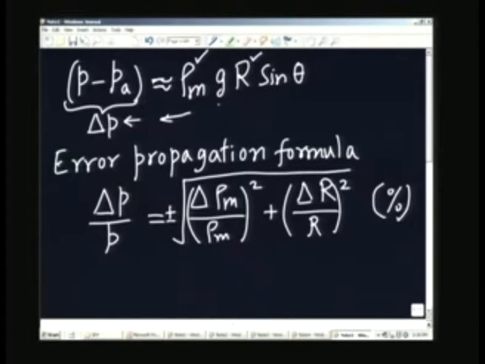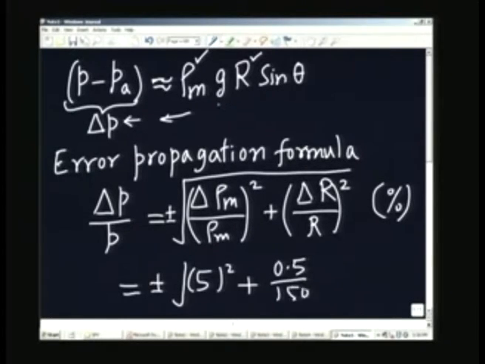So, we will mention that it can be all in percentages. Both the left hand side as well as the right hand side will be in percentages, and all I have to do is, this is 5%, 5.0 whole squared, plus delta r by r is 0.5 millimeters divided by 150 into 100 whole squared.